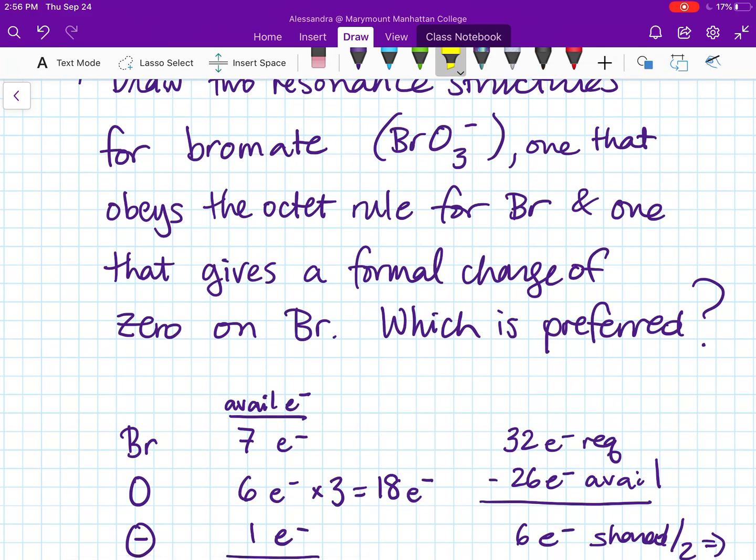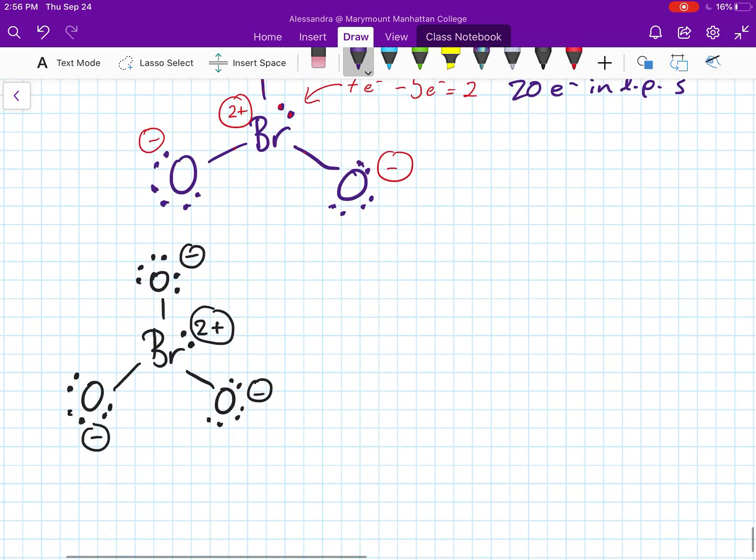But I'm also asking you here to draw a resonance structure that gives a formal charge of 0 on bromine. For that one, I'm not going to be able to use the handy hints, am I? Because I'm going to have to expand bromine's octet in order to do this.